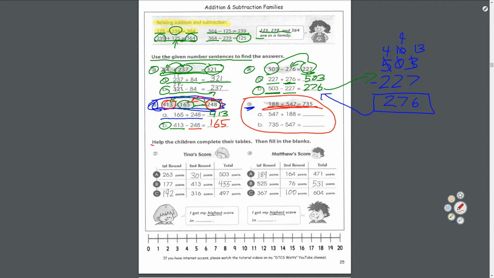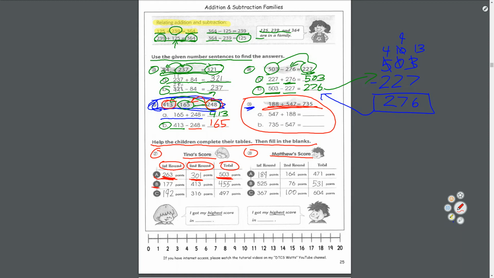Okay, down here, help the children complete their tables. Then fill in the blanks. So 27 and 28, we've got Tina's score and Matthew's score. First round, second round, and total. So in Tina's first round, she got 263 points in game A, 301 points in the second round, sorry, and her total points were 503.